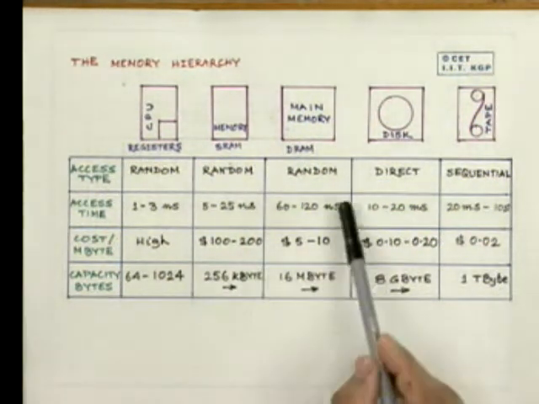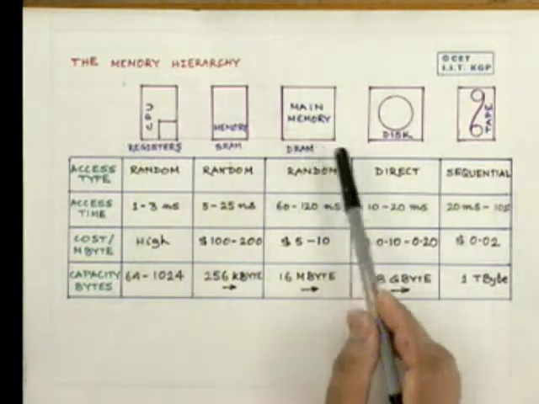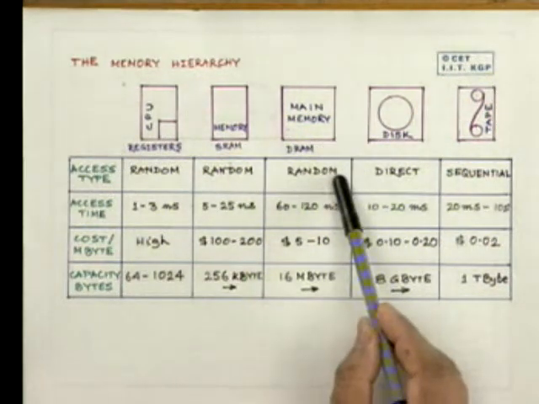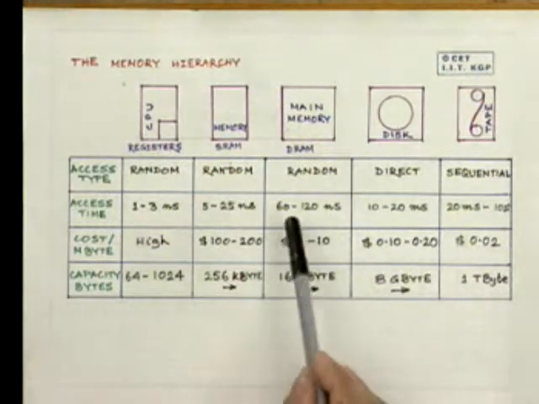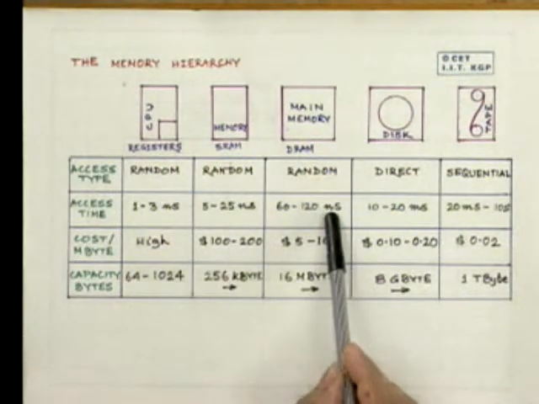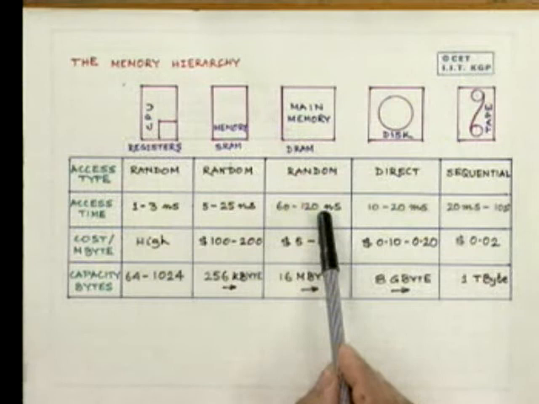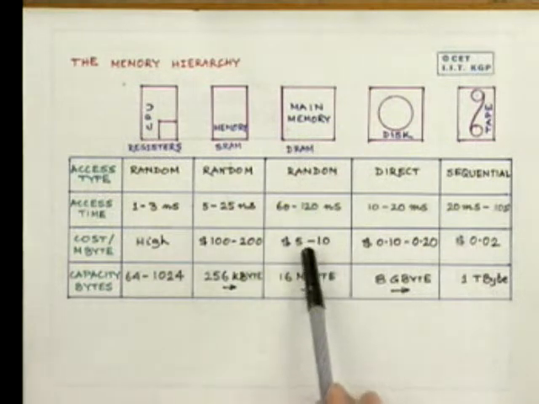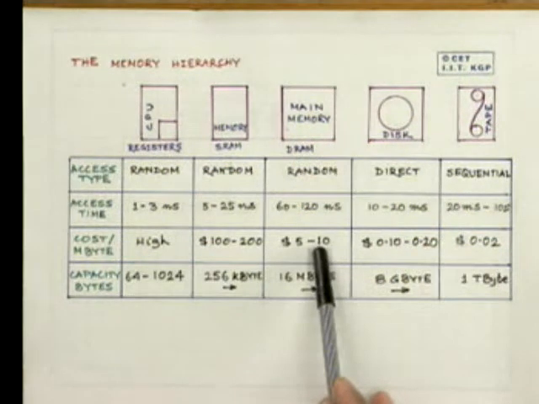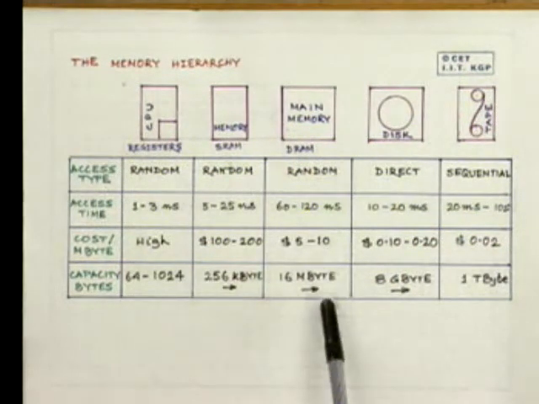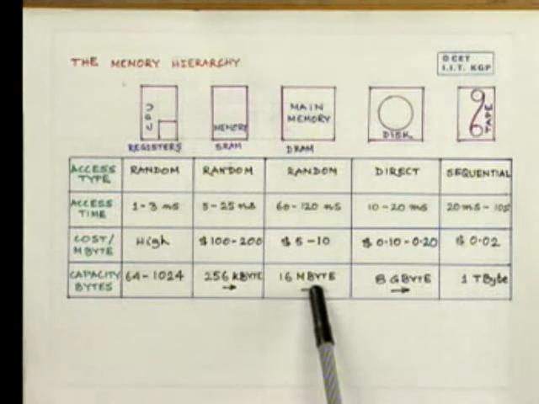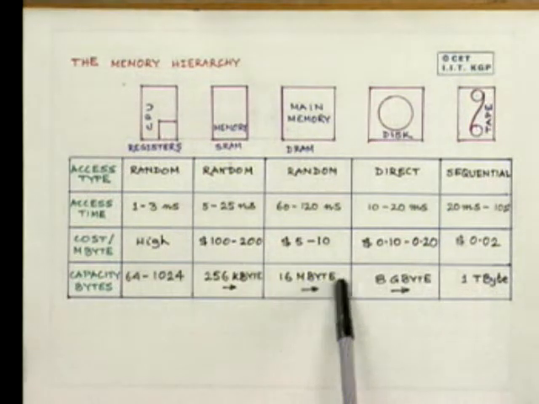In the case of a DRAM, the access type is random once more. Access time is 60 to 120 nanoseconds, a bit slow. The cost per megabyte is $5 to $10, somewhat low, definitely. And the sizes are generally 16 megabytes onwards.